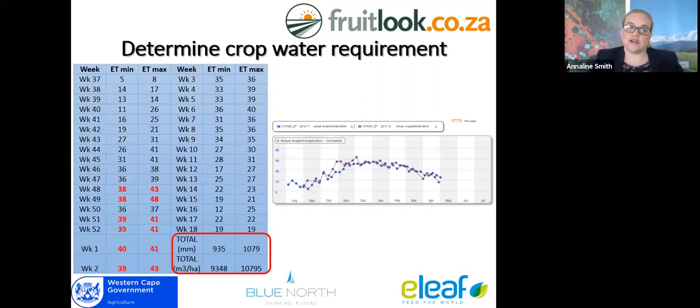So if you want to expand your operation and plant another block, then you can look at, okay, what water capacity do I have left over, and which one of these cultivars will give me the highest income per millimeter, or the highest yield per millimeter, or something like that. You can work that out and use any of those type of parameters for those type of calculations.